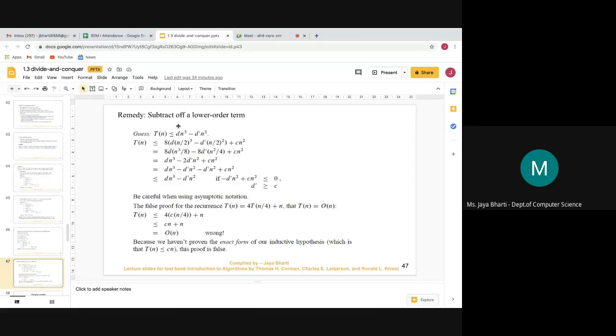Now you need to substitute this whole term in the recurrence relation.